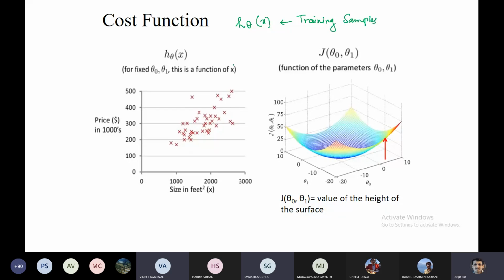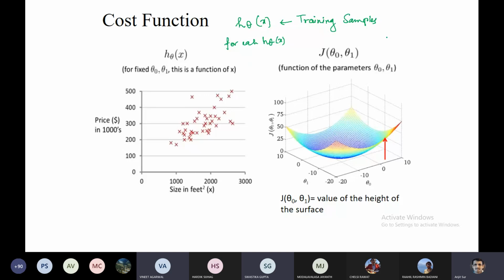That we have done. Now for each h of theta x, this is a line, and for that line there is some sort of error.